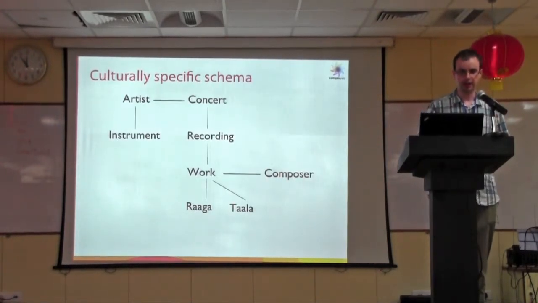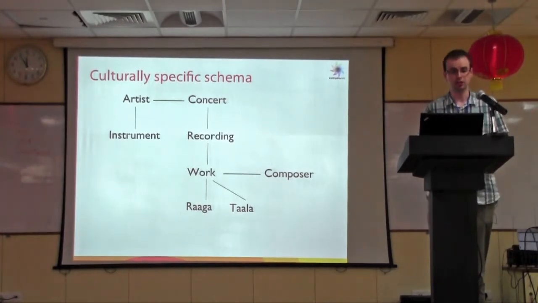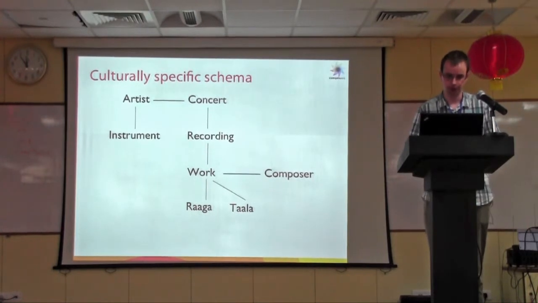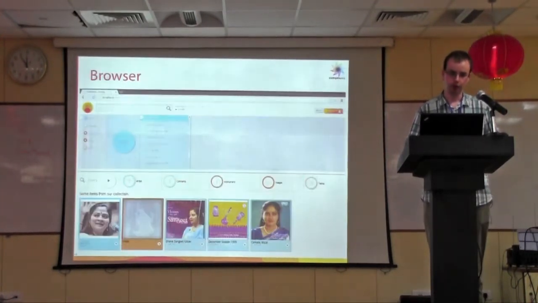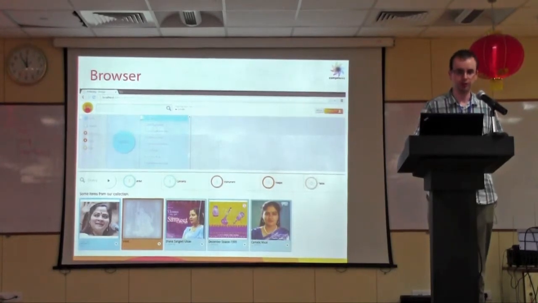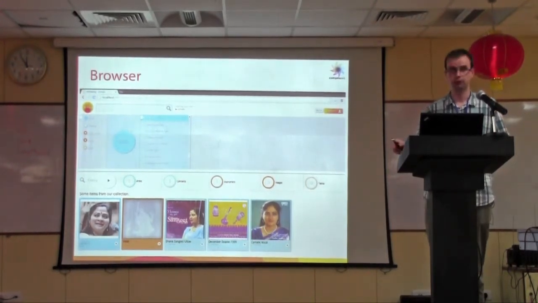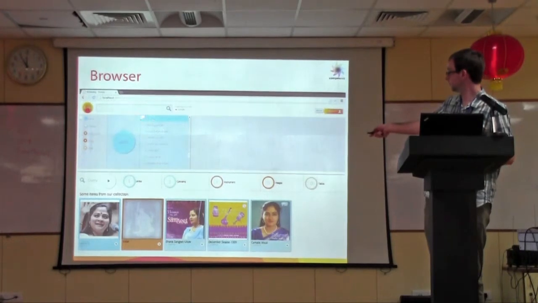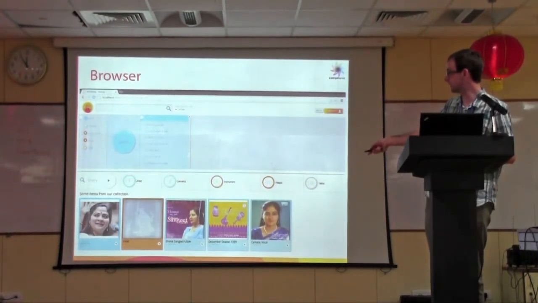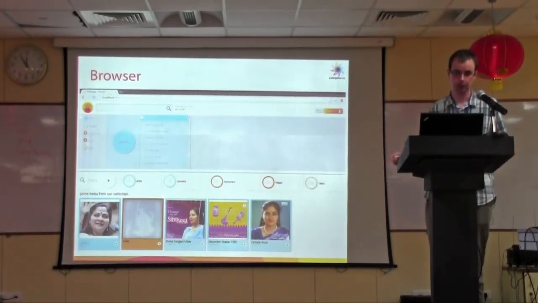Just going back to this idea about the culturally specific schema, as I mentioned, we can see these relationships between, for example, an artist and a concert, or an artist and an instrument. To give a first example of the type of features that we can provide in Dunya, we can search for a particular artist and see some related information about that artist.